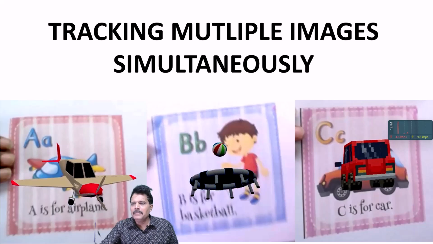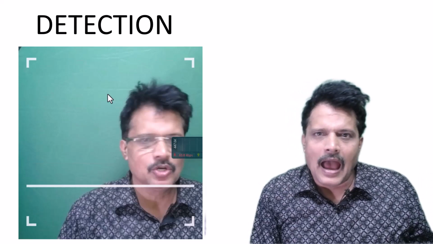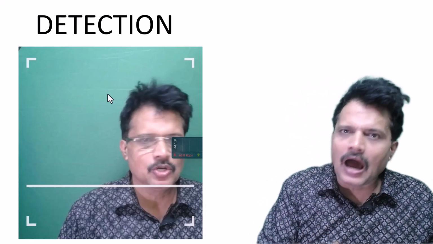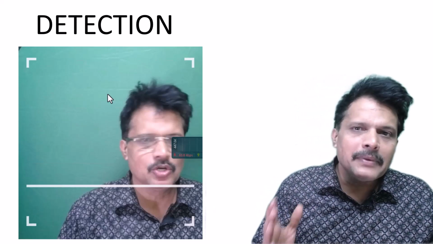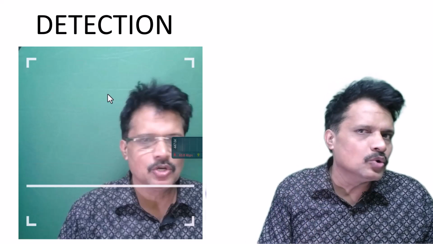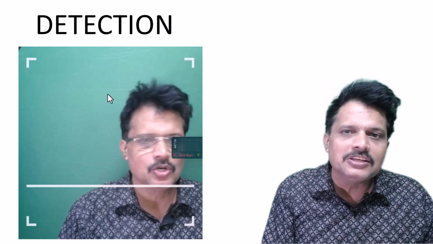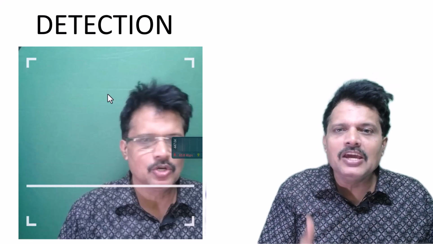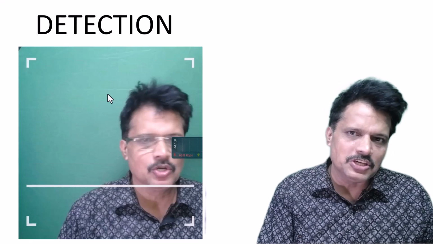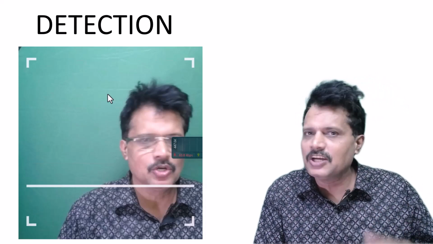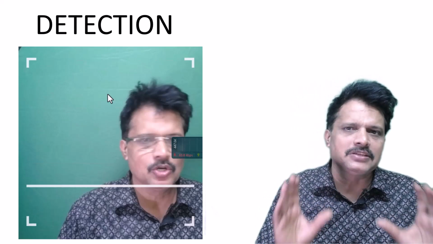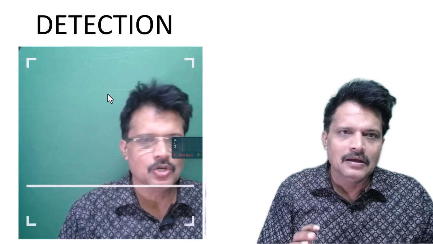The image tracking consists of two stages here. First, as soon as you start your augmented reality application, the camera is sending the image to the AR engine, and the AR engine is continuously searching whether the image has any of the tracked images. This process is called detection.